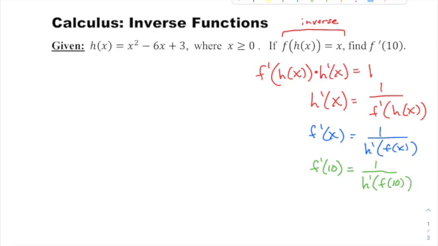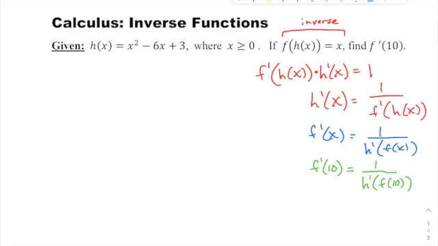But the first thing you have to find is, well, what's f of 10? And you don't have f's equation. So what you need to realize is that 10 being the x value on f makes it the y value on h. So this is what I'd call sort of the inverse coordinate.